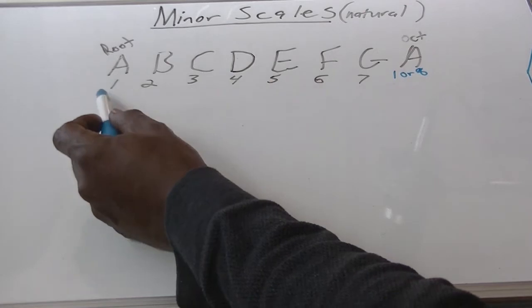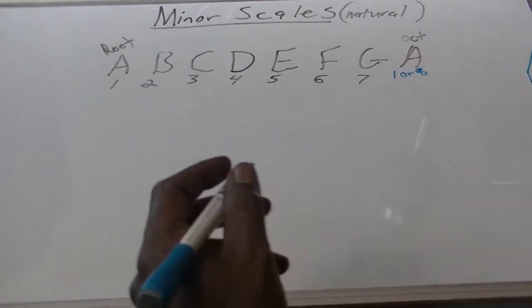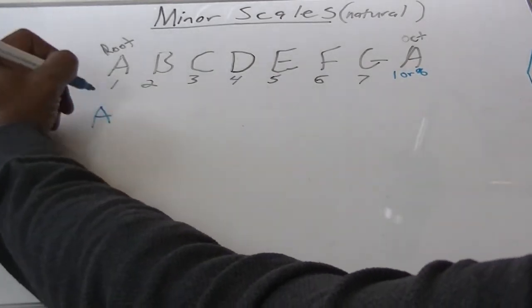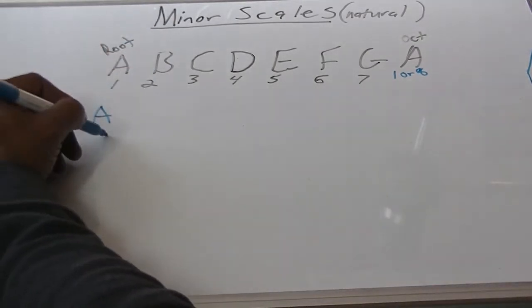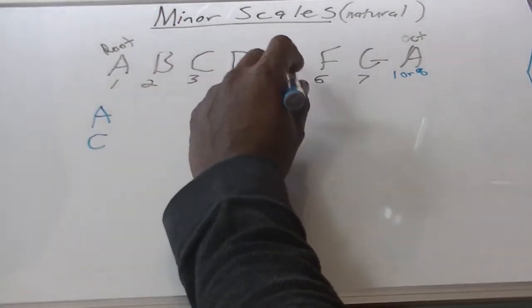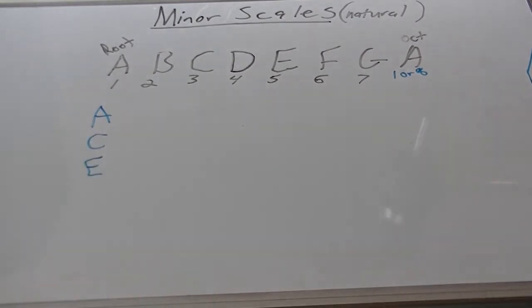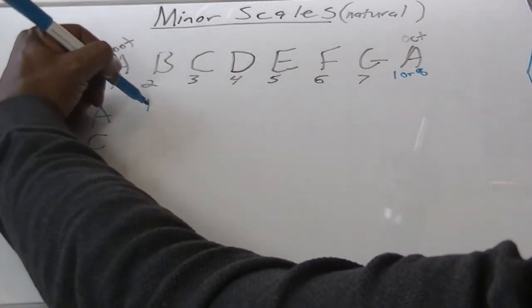If we want to derive a chord based on the root note A, we can derive a 3-note chord by starting with A, skipping over the B to get C, and then skipping over the D to get E. So now we have an A chord, and we can do this with every note of the scale.